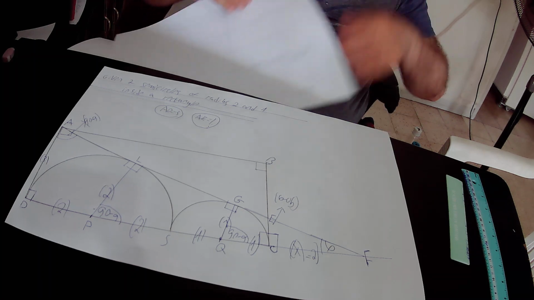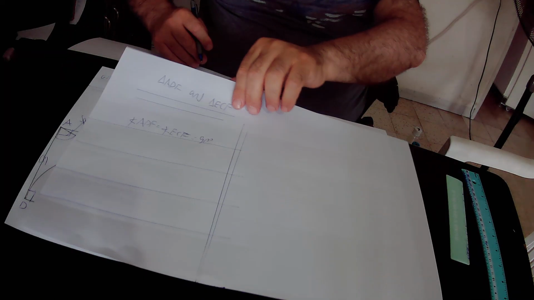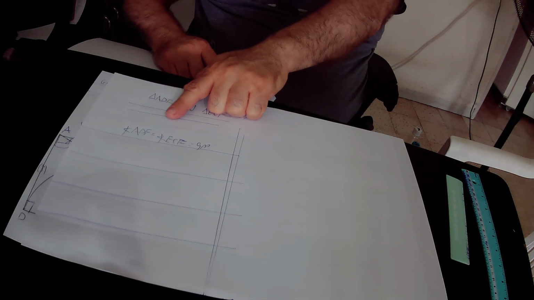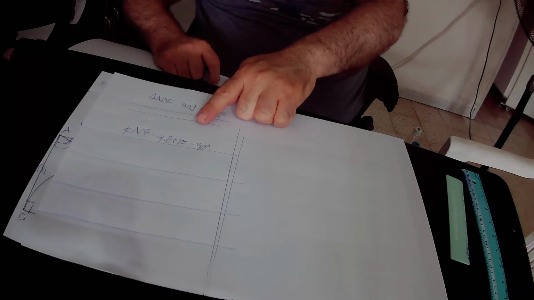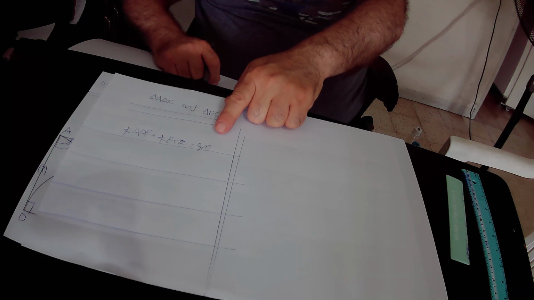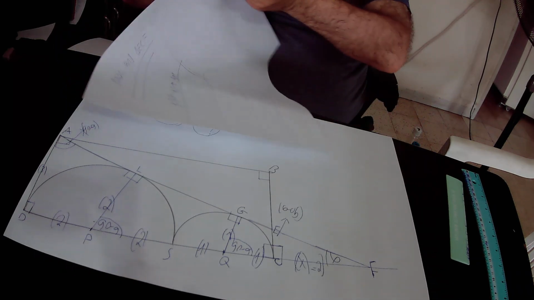Repeat again, we can find out that angle ADF in the big right triangle equals angle ECF in the small right triangle. They are both equal to 90 degrees, therefore they are equal to each other.